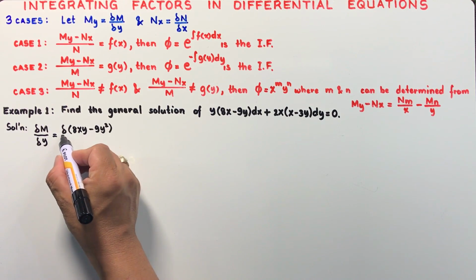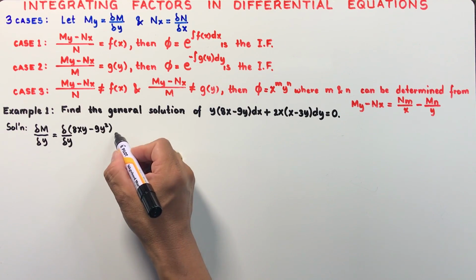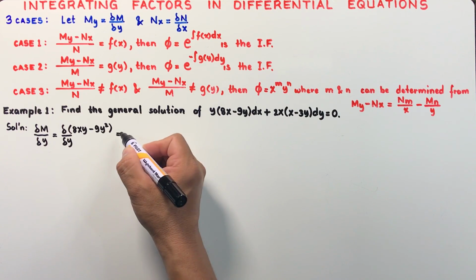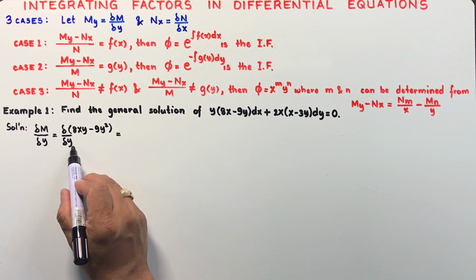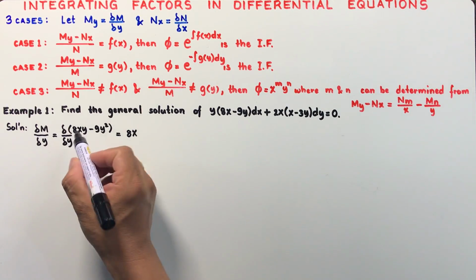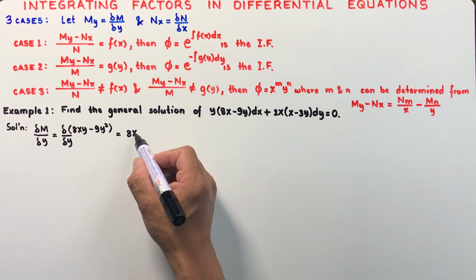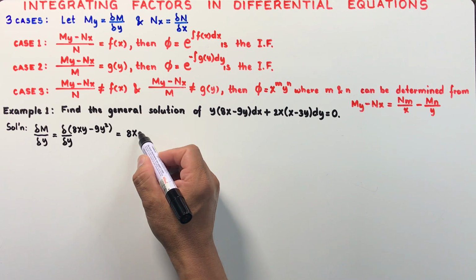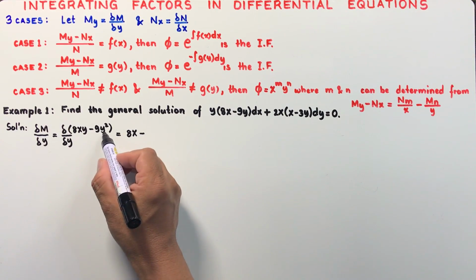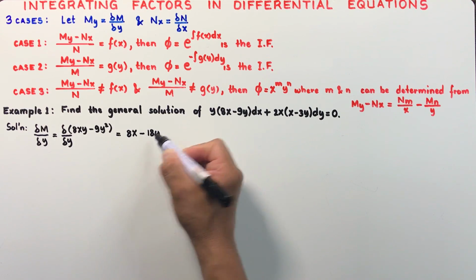Taking the partial derivative of this with respect to y, we have 8x, because 8x is treated like a constant here. So the partial derivative of 8xy with respect to y is 8x, and the partial derivative of 9y squared with respect to y is 18y.